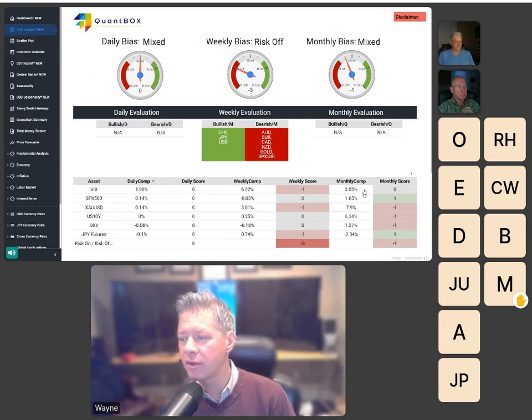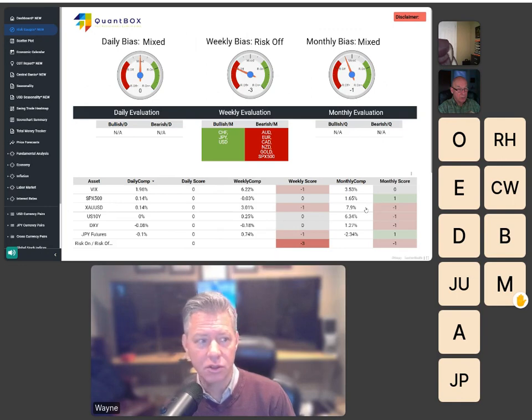If you look on the monthly basis, VIX is kind of flat. Okay. S&P 500 is up slightly for the month. Okay. Just slightly. It's hanging in there. Gold is up quite a bit. And typically that's negative, because the reason I score that negative is somebody's using it to hedge inflation, and inflation is bad.